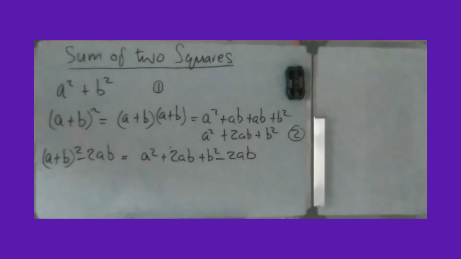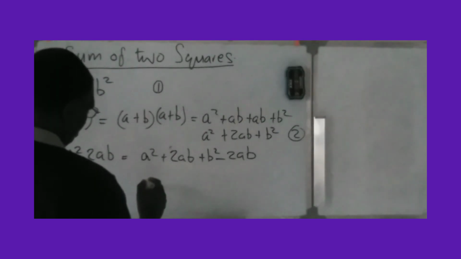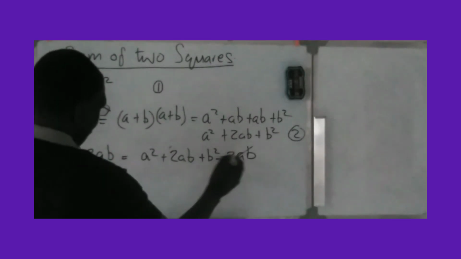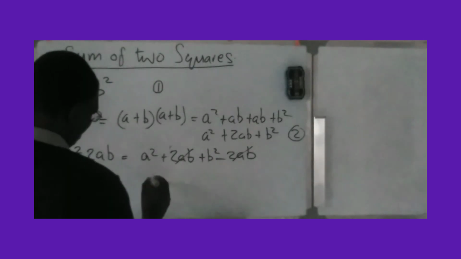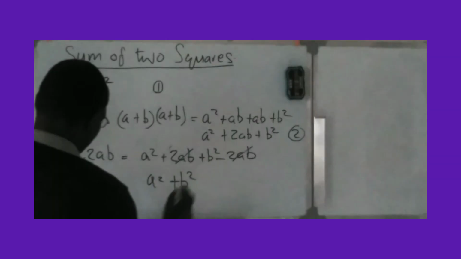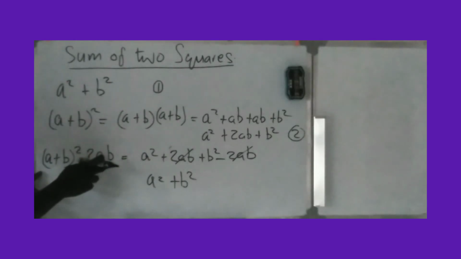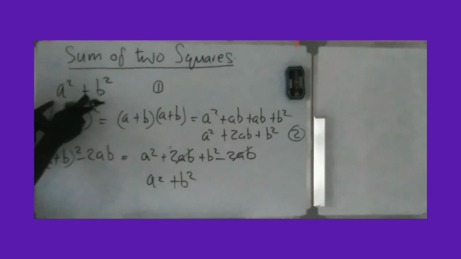Now look here, 2ab minus 2ab will give me nothing, so this cancels with that, and I am left with a squared plus b squared.